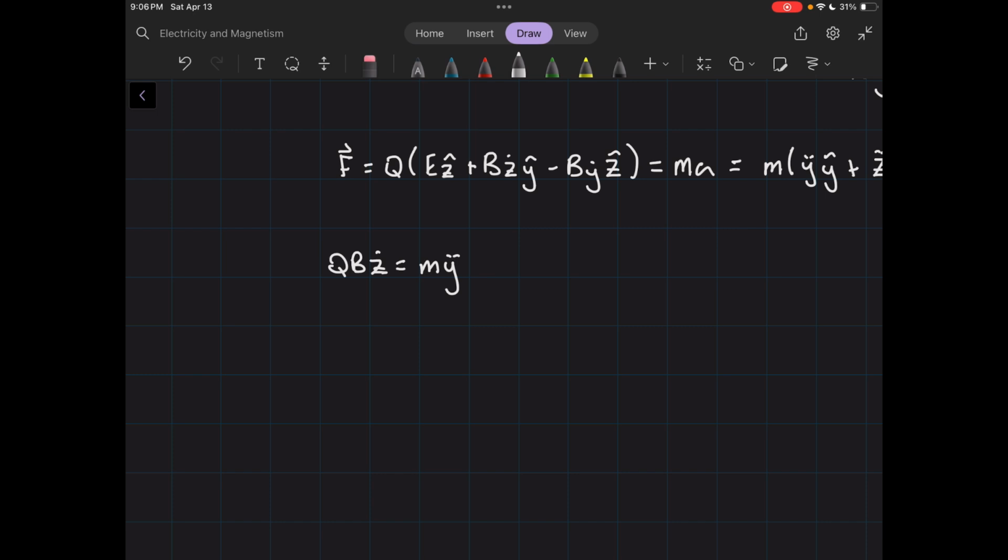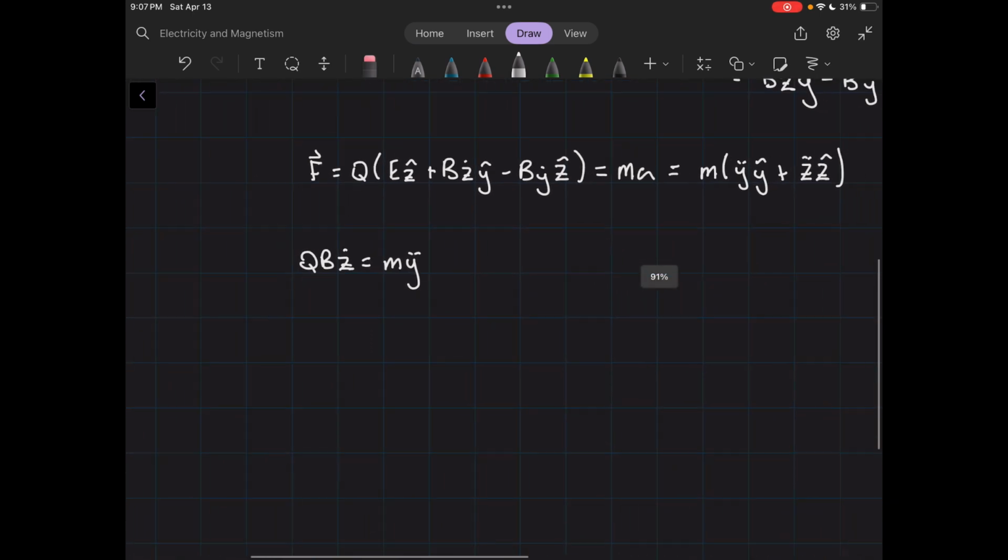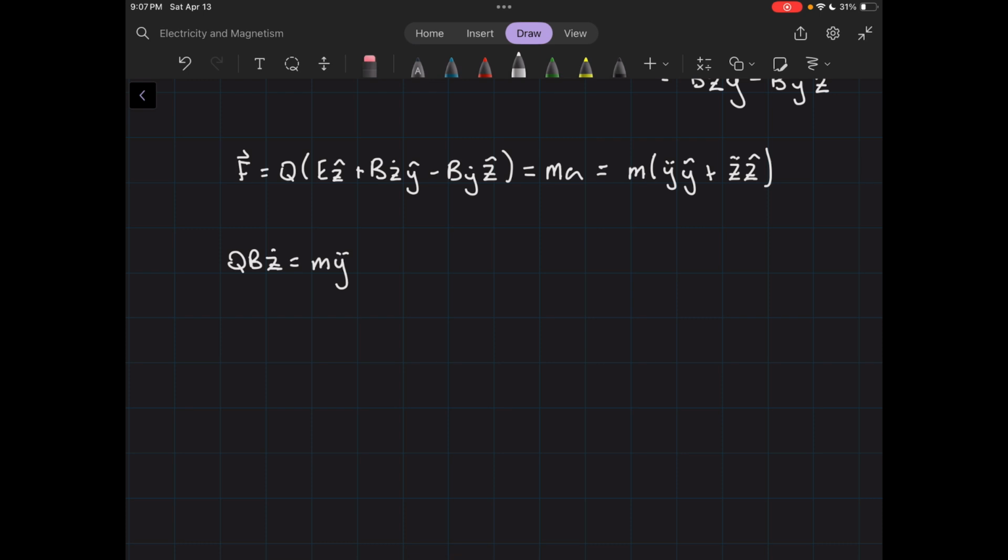This is the acceleration in the y direction, that's the second time derivative. And QE minus QB y dot is equal to m z double dot.